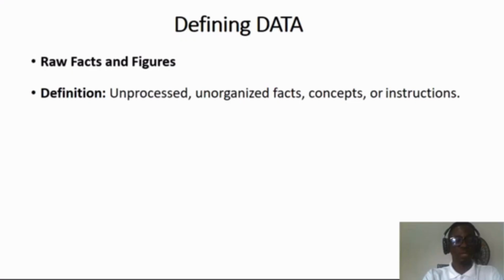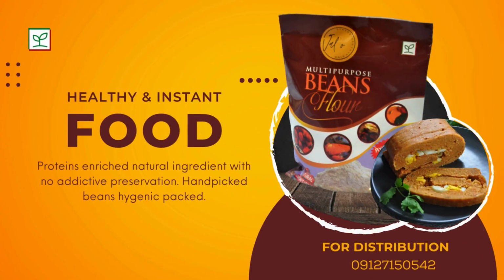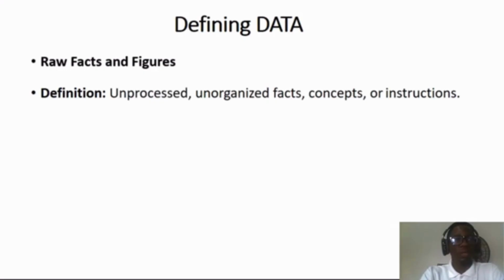They've not been processed to actually give meaning. I don't know if we are clear with the definition. So they are just basic facts. For example, I could just call a name of a person. I could say John, or I can say 29 years, or I could just say 5.